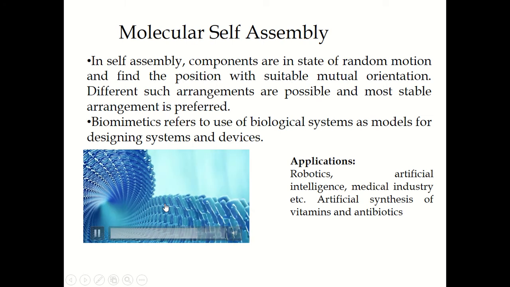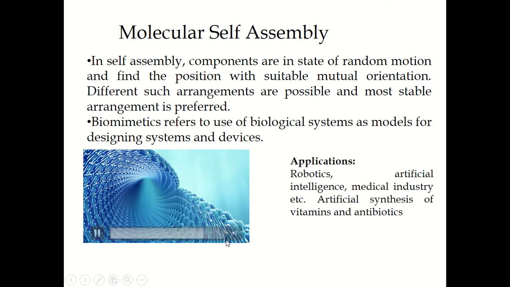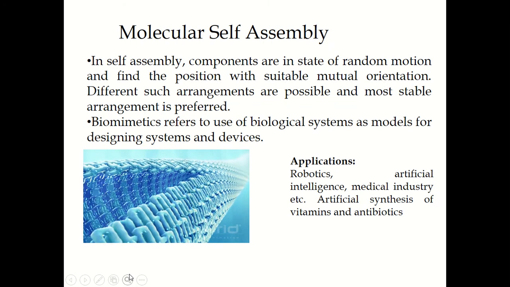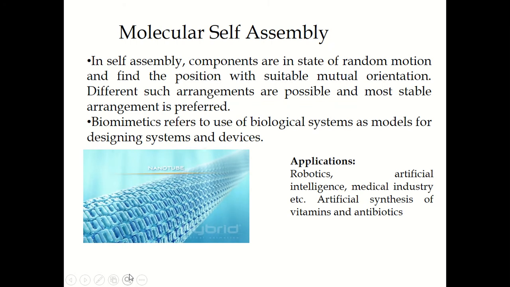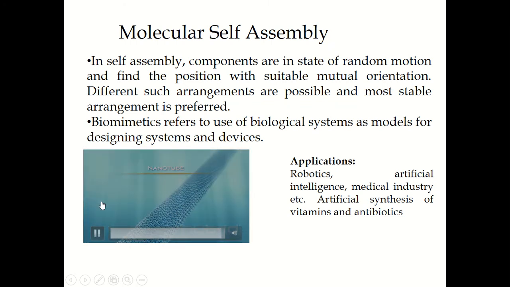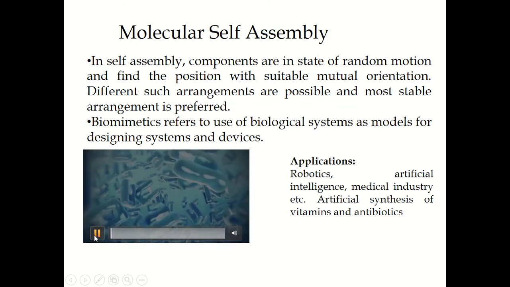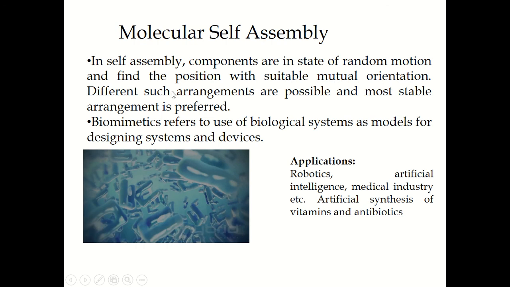Okay, so this sheet is then rolled up to form a tube. Okay, so thus there is no external restoring force, but a nanotube is formed. Okay, so this type of assembly is called molecular self assembly.